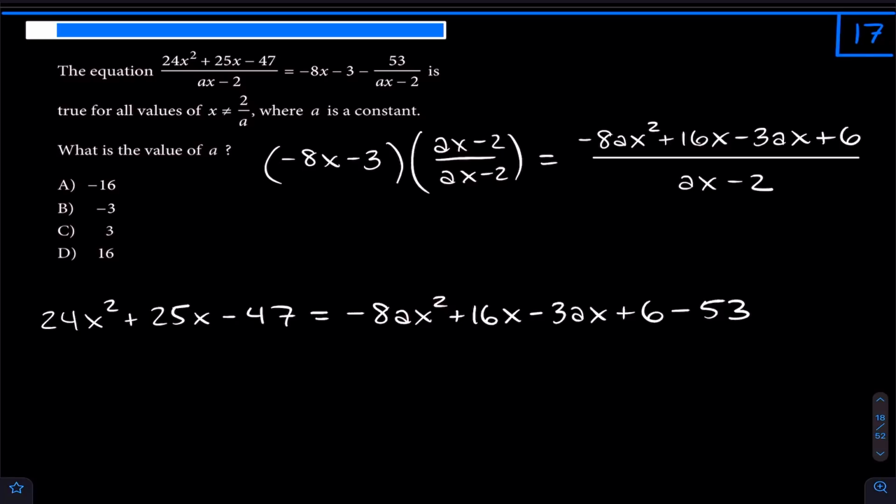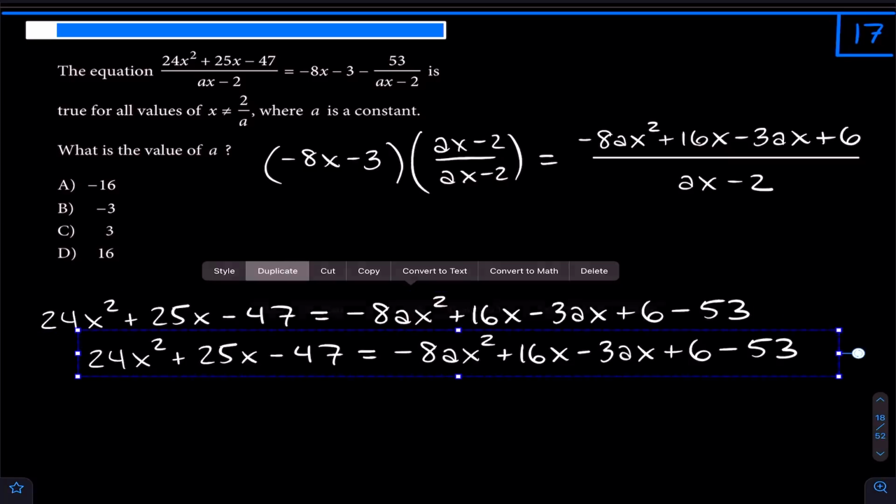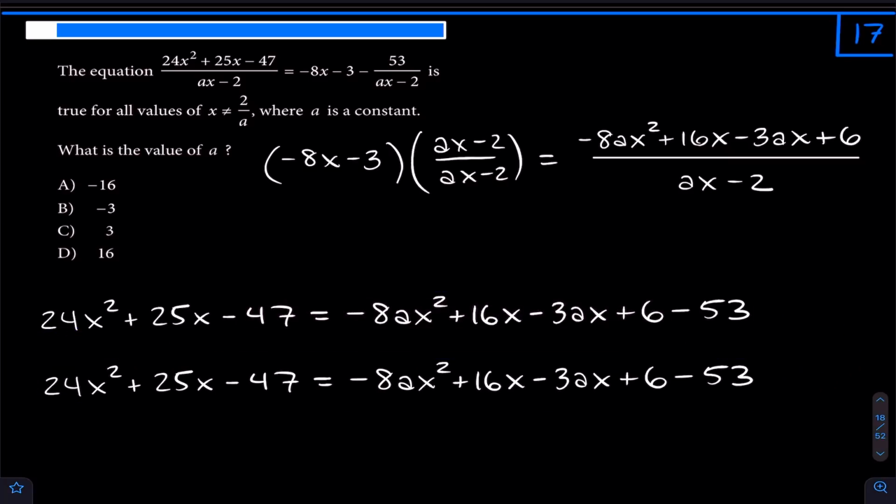So these two things have to be equal if we have the same denominators. So we have that. That's great. We can combine a little bit of like terms here. That'll give us a negative 47, so we can write all of this again, but now this has a negative 47 in it.